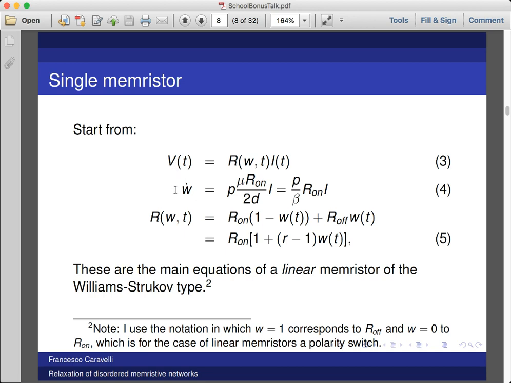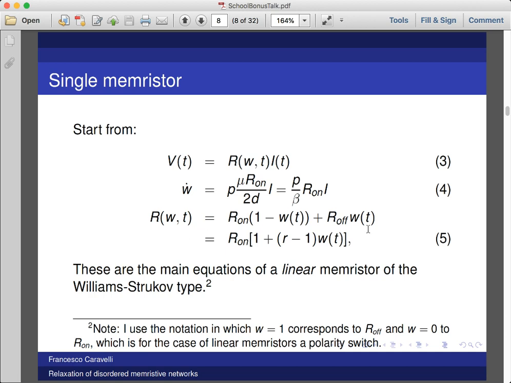And also, we assume that the equation for the internal memory is like equation 4, and the resistance is the Williams-Strukov type, which is like in equation 5. Note that I usually use the opposite notation than Williams and Strukov. So for me, W equal to 0 is the on state, and W equal to 1 is the off state.